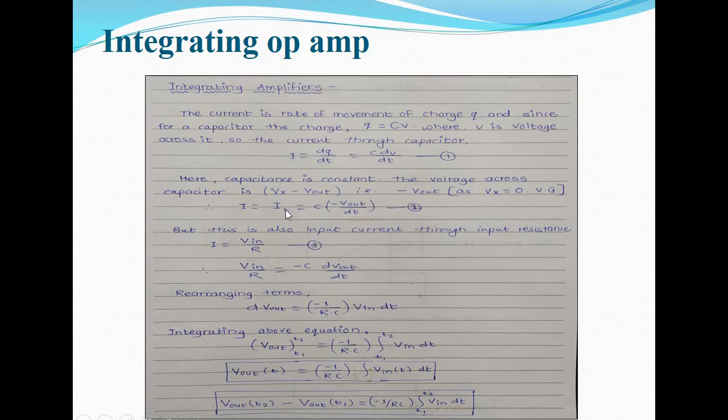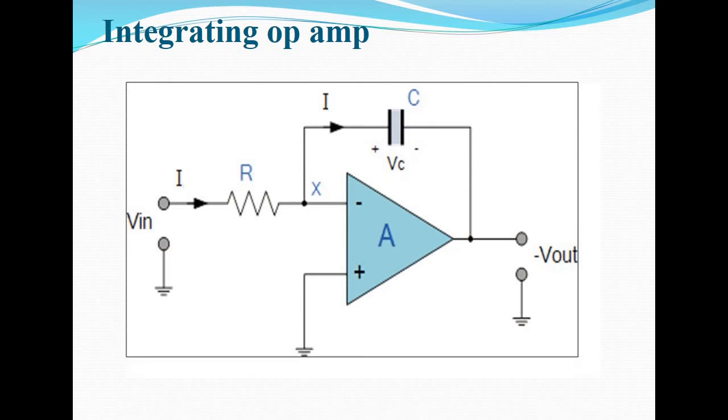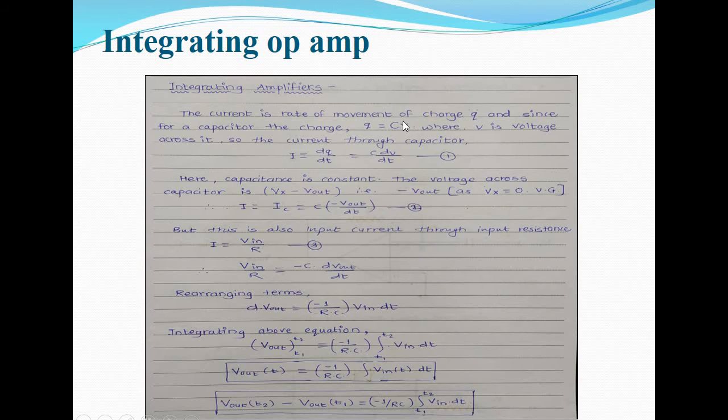I is equal to IC is equal to C into minus V out divided by dt, right? But this is also the input current through the input resistor. So the current through this resistor is the same as the current through this capacitor.